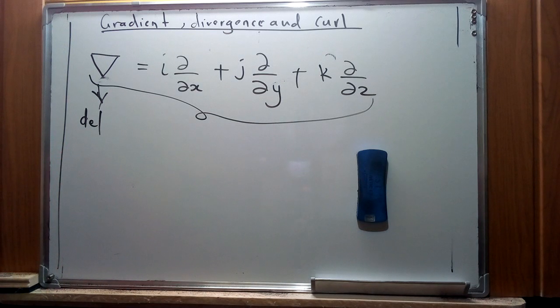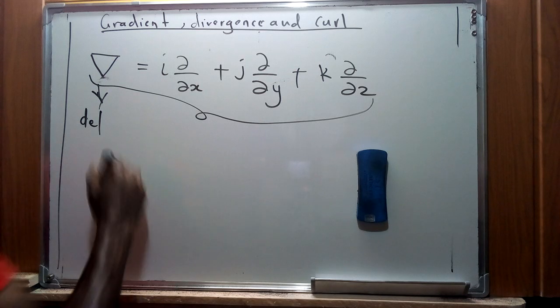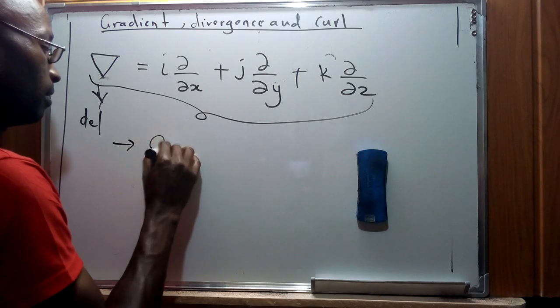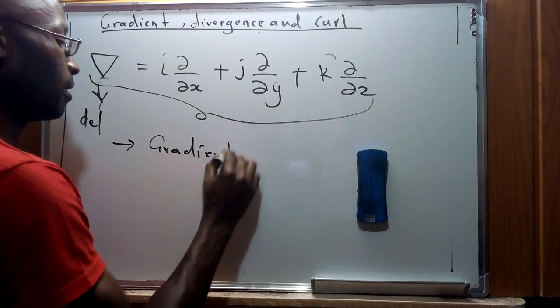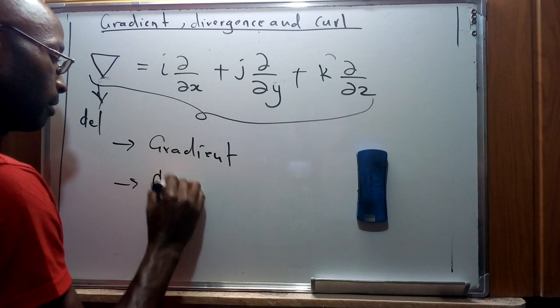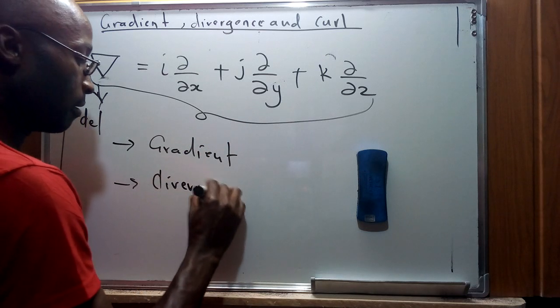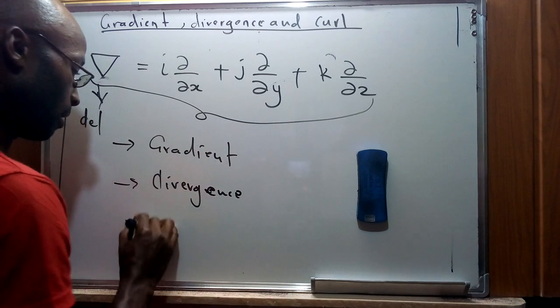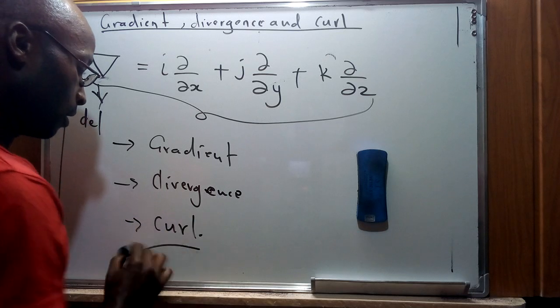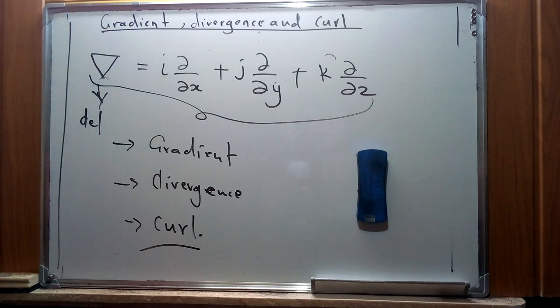Now this is convenient, as I've said, in trying to represent or show important quantities, and these are the specific quantities that we have talked about: the gradient, divergence, and the curl.